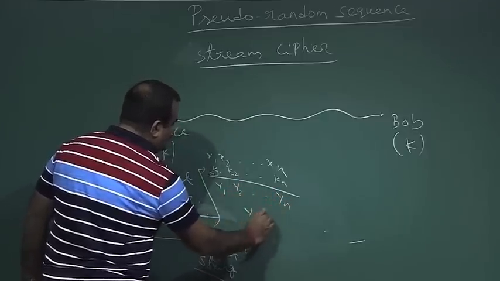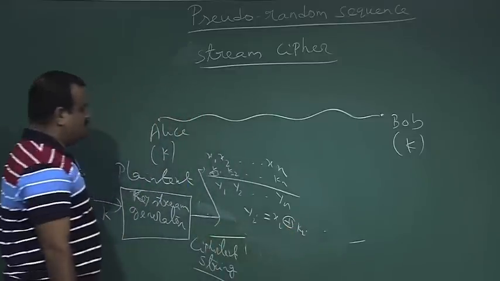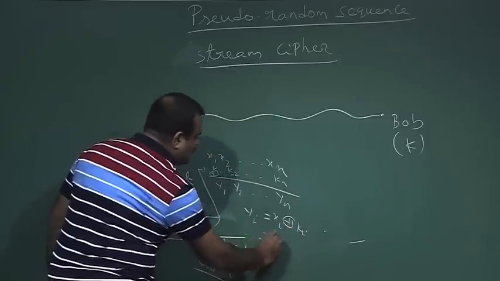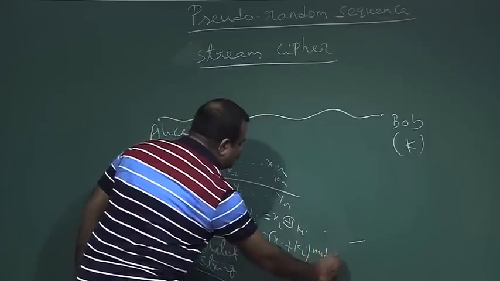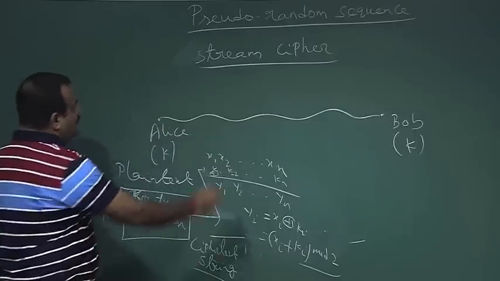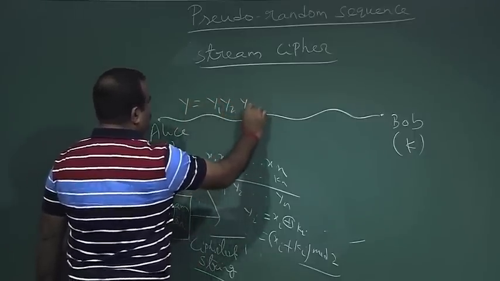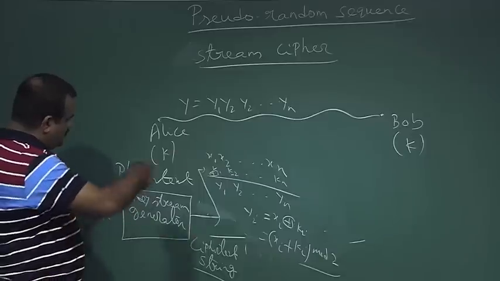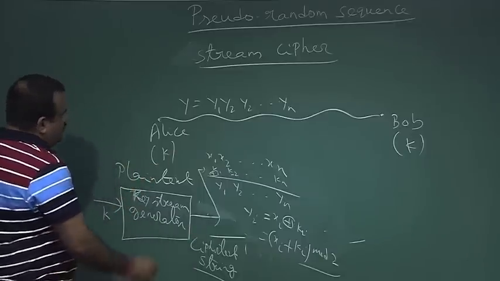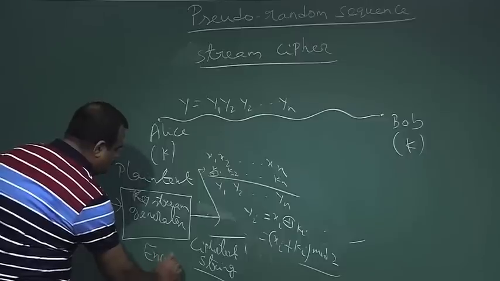So, yi is equal to xi XOR ki, just the bitwise XOR, which is basically xi plus ki mod 2. And y1 y2 yn is the ciphertext. This is the encryption that Alice is doing.